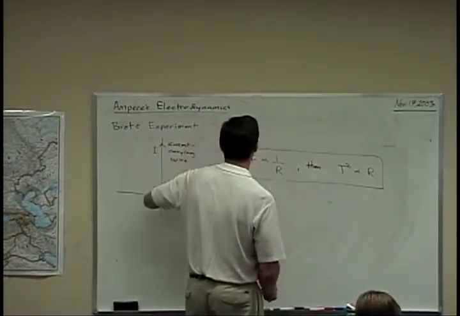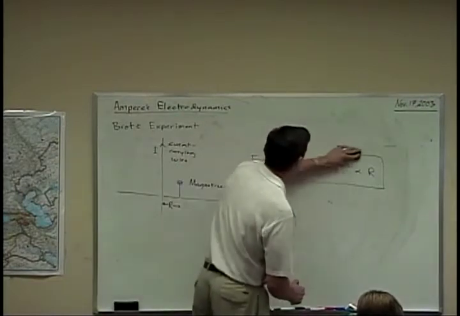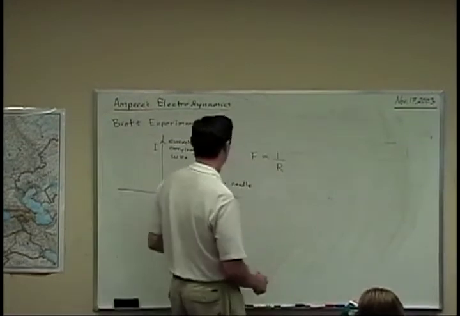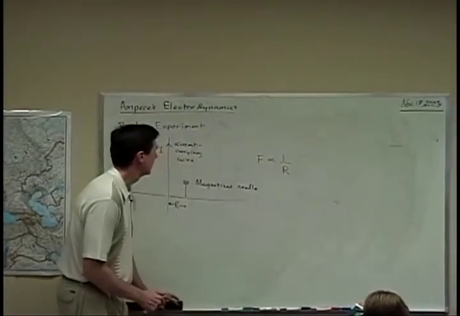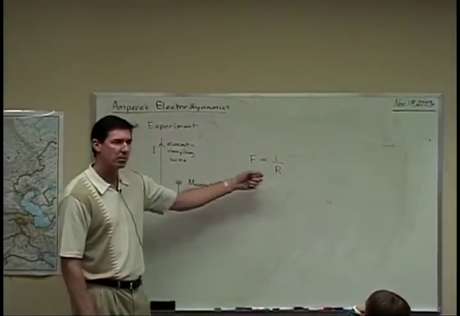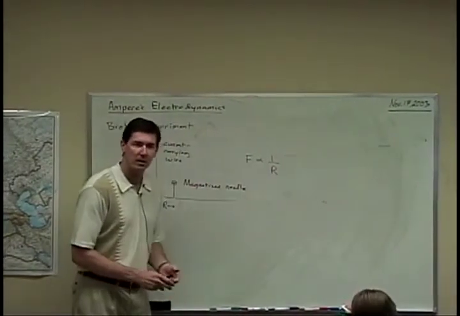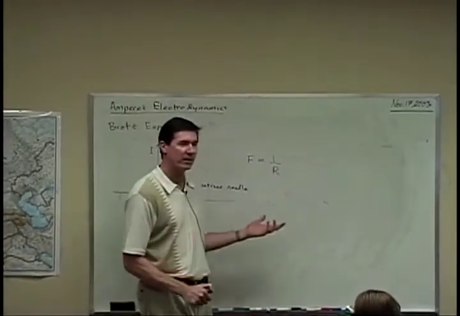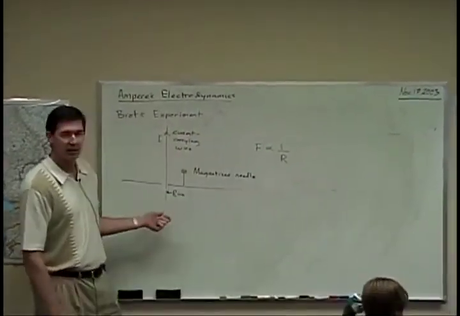So far we have that the result of this experiment is that the force is proportional to 1 over r. Now, we're also interested in how this force varies as we vary the current, right?